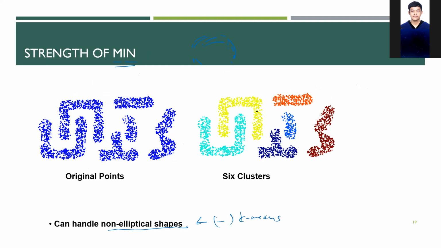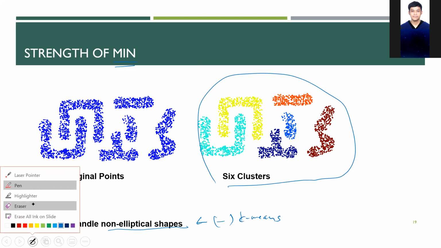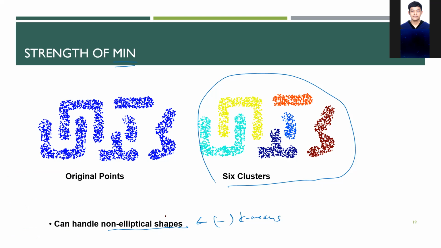If we apply k-means and our data is like this, you see the shape is so irregular, the result may not be as good, because usually the shape of the cluster for k-means is elliptical or round, maybe like this, 1, 2, 3, 4. But if we use hierarchical clustering with min, it can solve this kind of cluster.